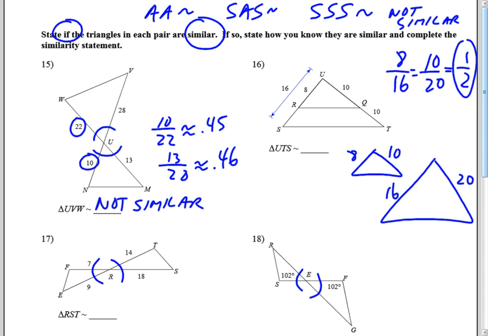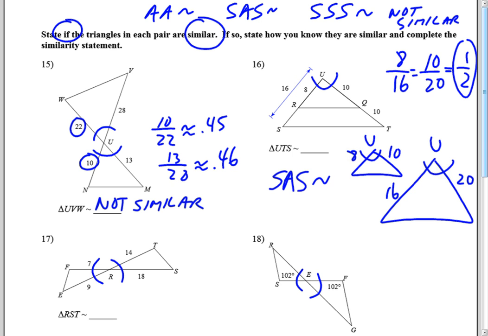Where's the other side or the other angle coming in? What's the same about the little triangle and the small triangle? Put an arc there. Is angle U at the top of the small one and the top of the large one? Yeah.